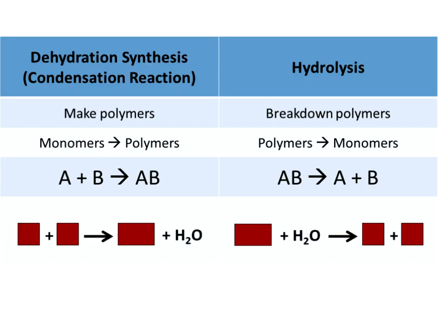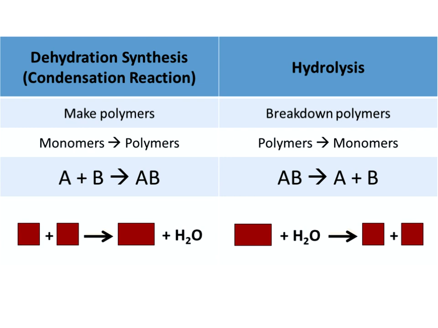Pretty common sense there. So hydrolysis and dehydration synthesis are just the main overall terms given to the forming or breaking of these large polymers and macromolecules. When we make a polymer, which means we're putting together the monomers, we're adding them together to form a larger molecule.